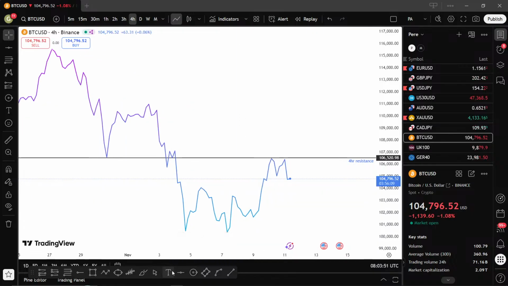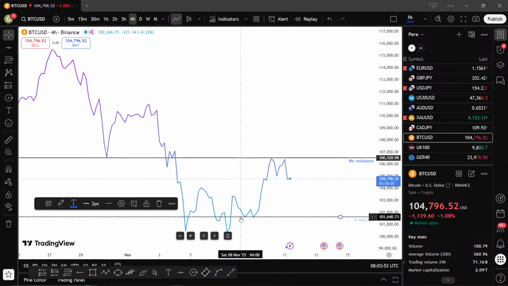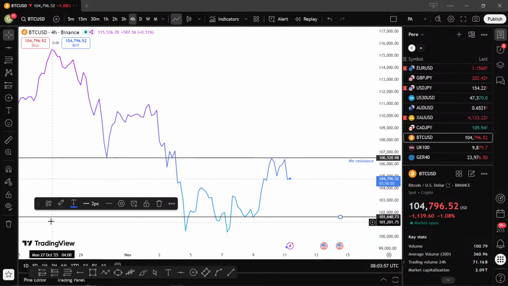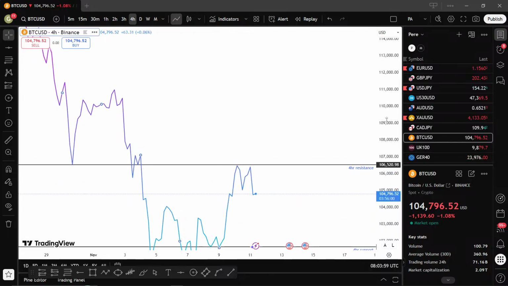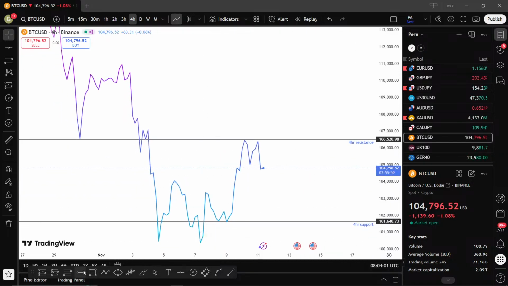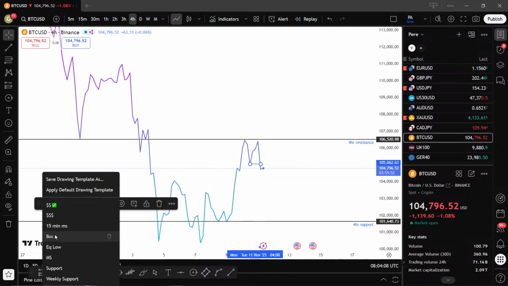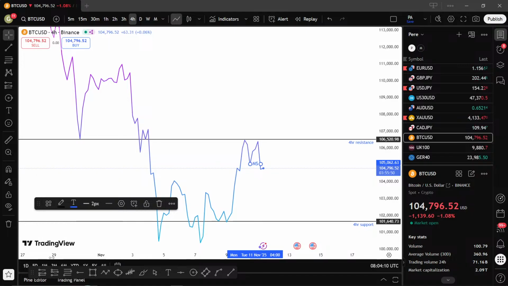And here we have the support right here. And we can see that on the 4-hour time frame, BTC has actually swept this low, giving us a market shift to the downside again.